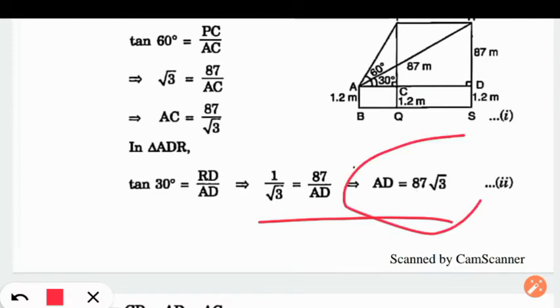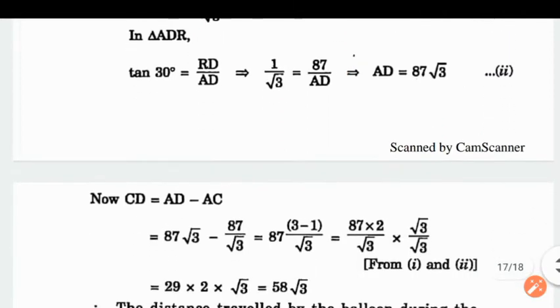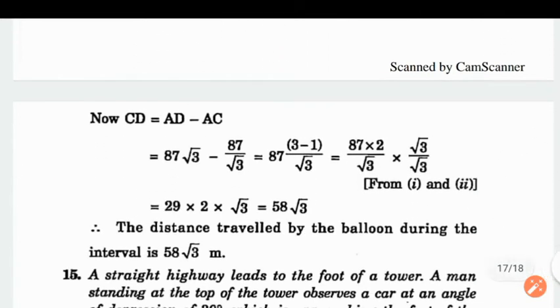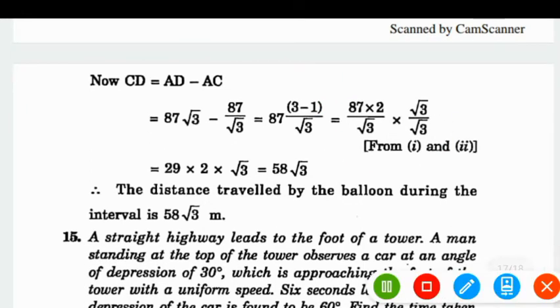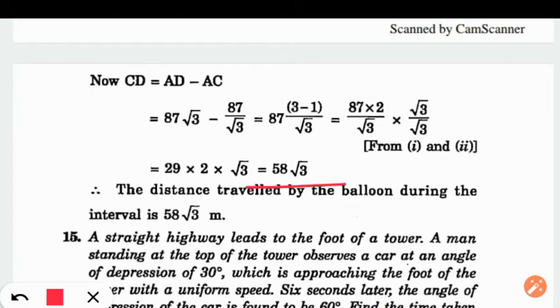Now, we know AD is 87 root 3, and AC is 87 by root 3. We are required to find CD. So, what will be CD? CD must be AD minus AC. After putting the value, after taking LCM and after doing rationalization of denominator, we got 58 root 3 meter. That is the answer.